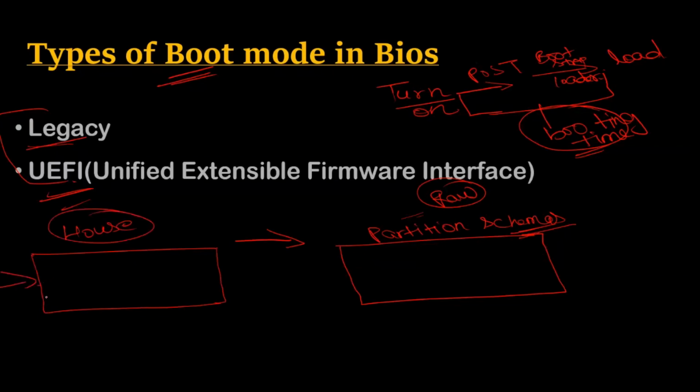A raw space is called a plot, if you understand the word plot. So this is my raw space, and if I want to use it, firstly I will create the foundation. Foundation means what? We have multiple ways for the foundation.